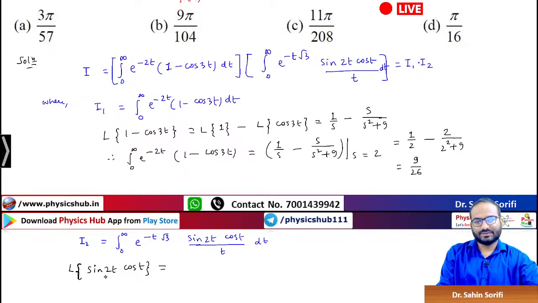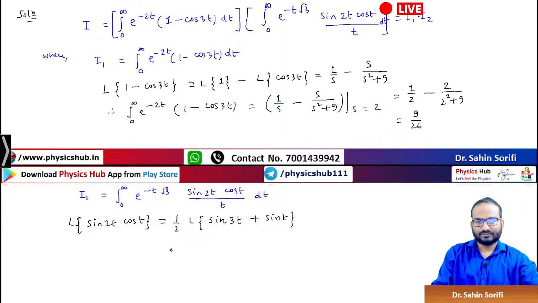So if I multiply by 2 and divide by 2, then we get the formula of 2 sin a cos b, which means sin of a plus b plus sin of a minus b, and this becomes half times L of sin 3t. So for sin, a will come, 3 by s square plus 3 square, plus a by s square plus a square.